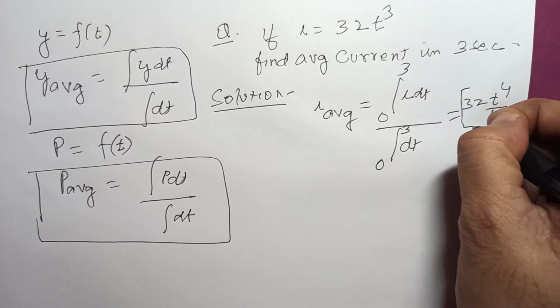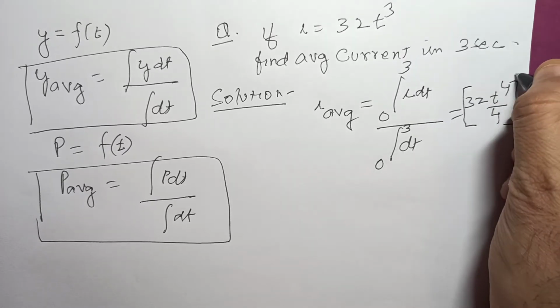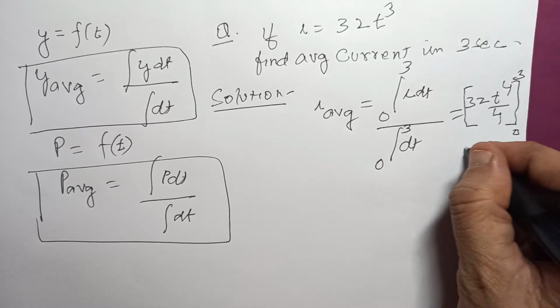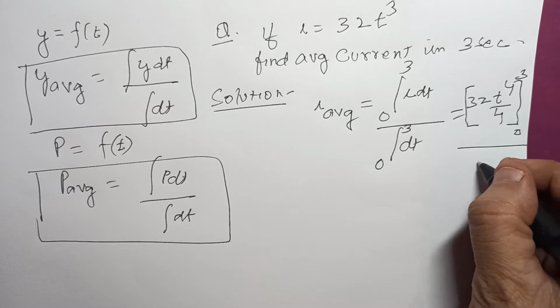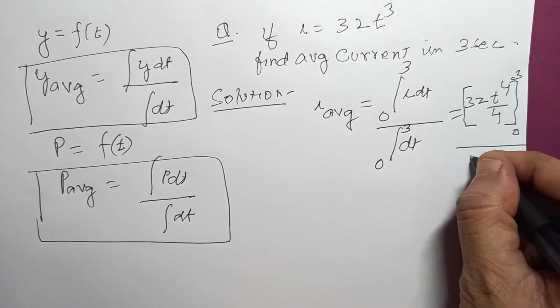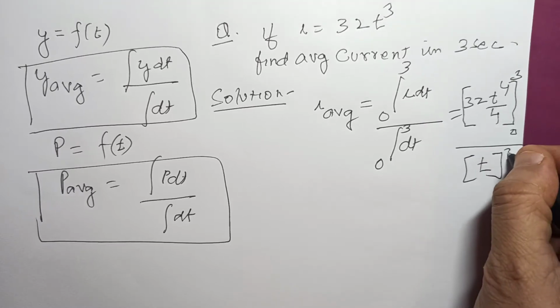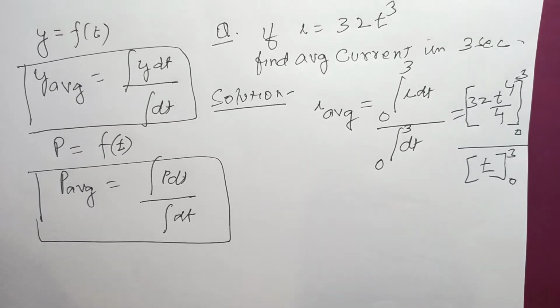And this is from 3 to 0, divided by, this is nothing but t, and this is from 3 to 0.